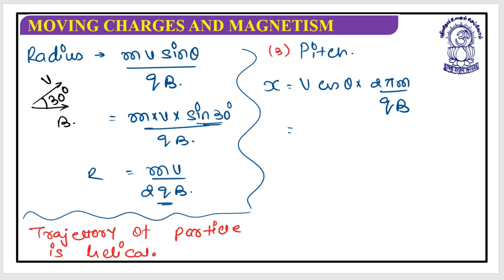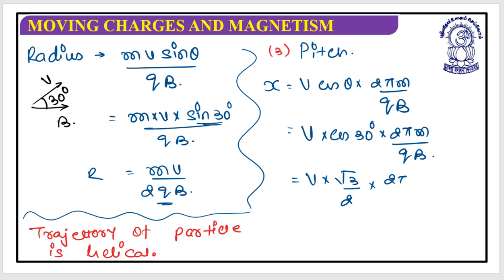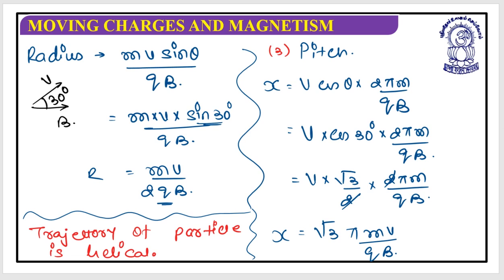So that should be v multiplied by cos of 30 degrees multiplied by 2 pi m divided by qB. Cos 30 can be written as root 3 by 2, multiplied by 2 pi m divided by qB. This 2 and this 2 are gone, and whatever I am left with is root 3 pi mv divided by qB. This is the pitch.